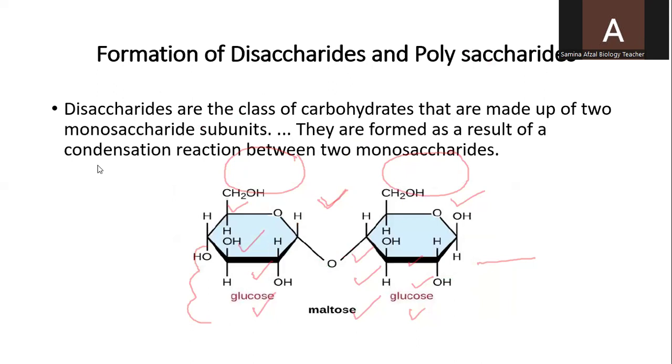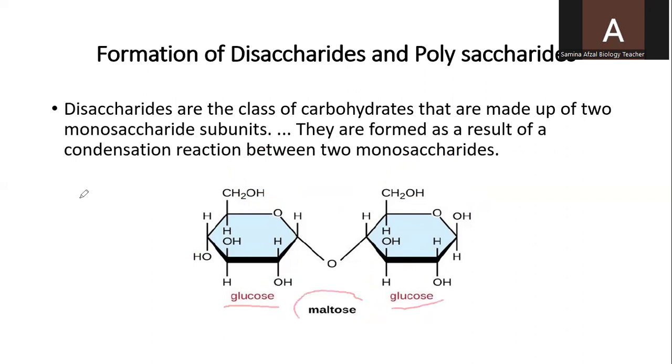In the next slide, I will show you how disaccharides form from monosaccharides. Here you can see on screen, when one glucose molecule joins with another glucose molecule, maltose is formed.